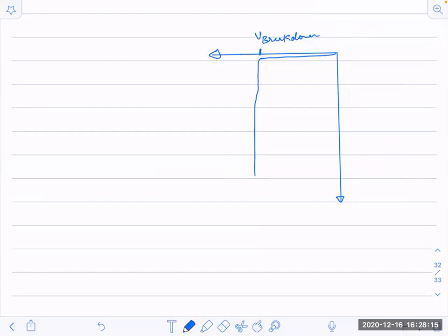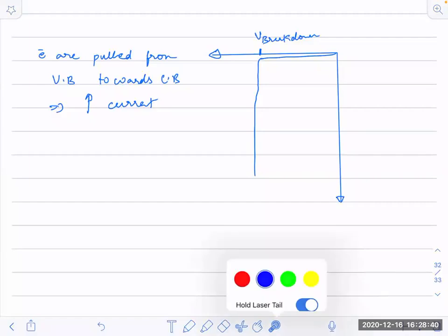The electrons are pulled from the valence band towards the conduction band. Now, this is only increasing the current. This increases the current value. For a constant voltage, what has happened? The current is increasing.